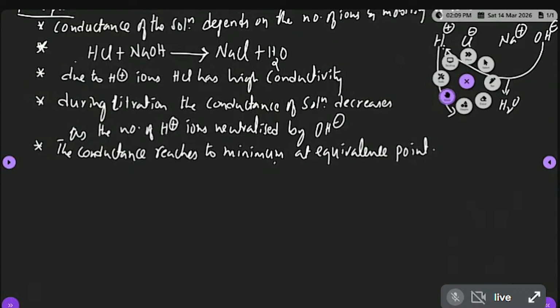And next, required apparatus. ఏం కావాలి దీనికి?